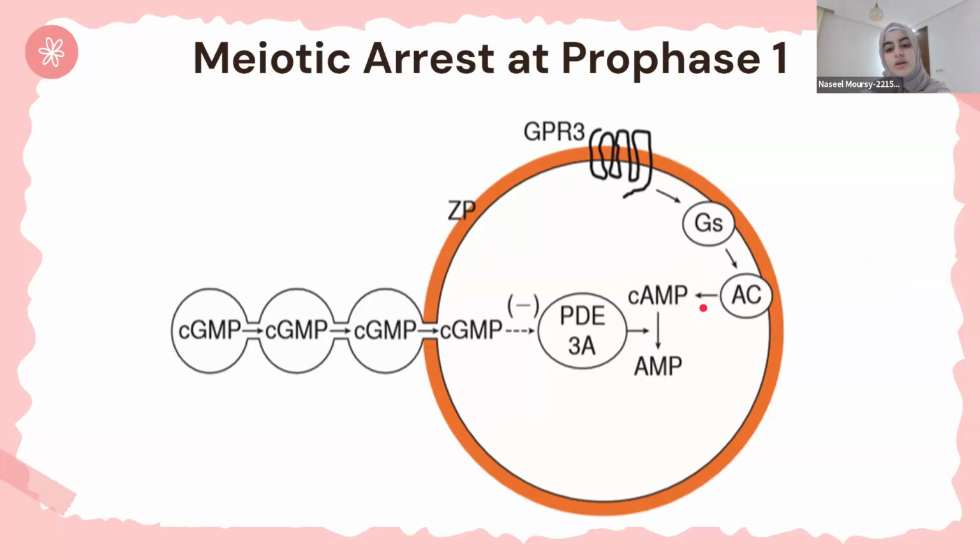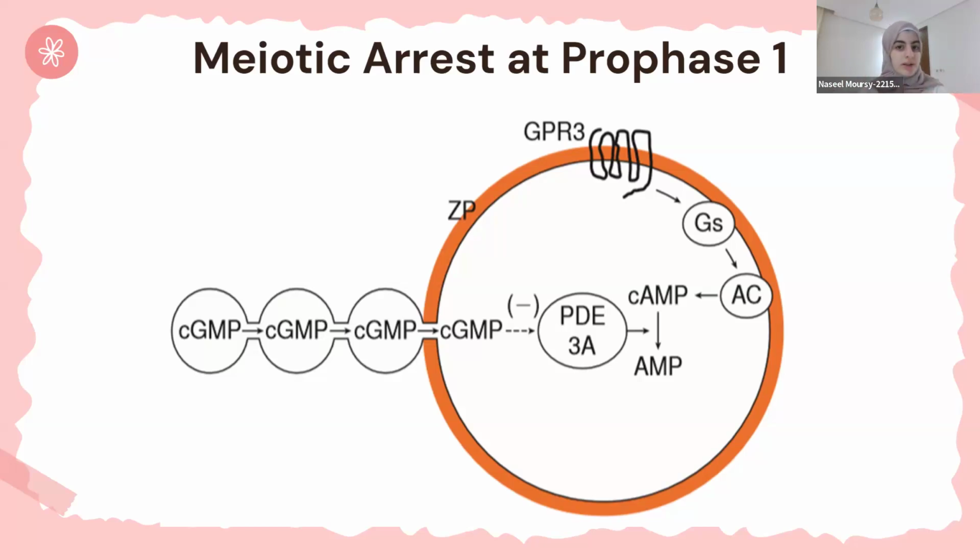So you get an increased expression of cyclic AMP, and we know cyclic AMP activates PKA, protein kinase A, and protein kinase A acts to phosphorylate. So of course it's going to be phosphorylating something. What is that? In order for cells to undergo meiosis, you need two things to bind to each other. What are they? You need cyclin and cyclin-dependent kinases.